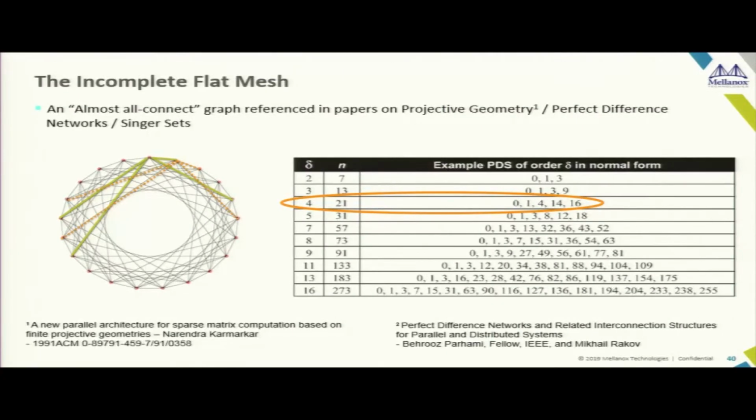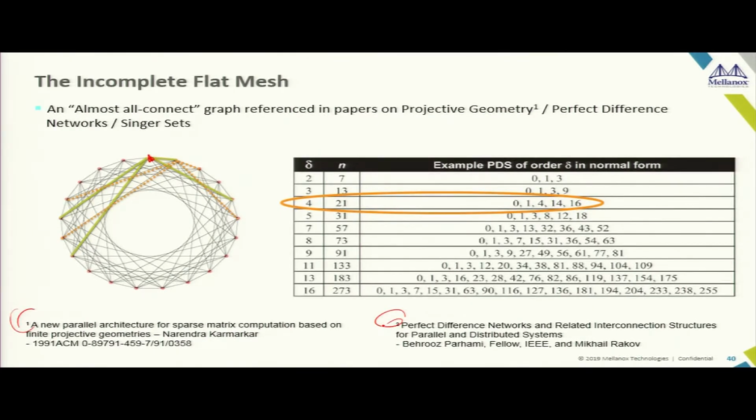There is something called an incomplete flat mesh, wherein you connect servers according to some prime number series. You connect switches, sorry, every vertex is again a switch. You connect that vertex to a particular, it's called PDN. If you want to study more on networks, you can refer to these 2 papers.